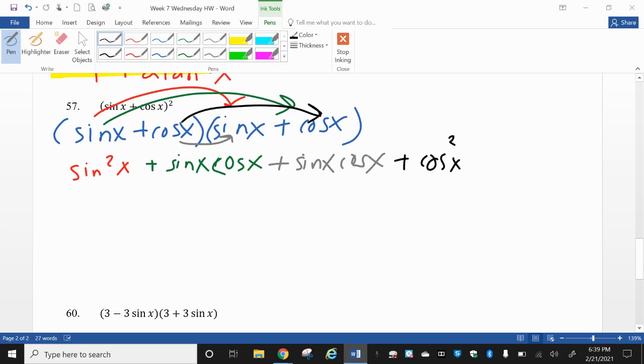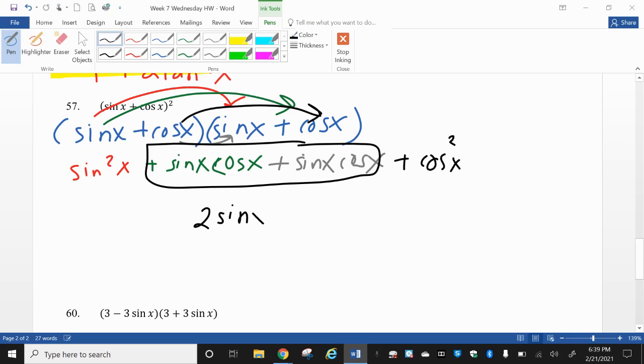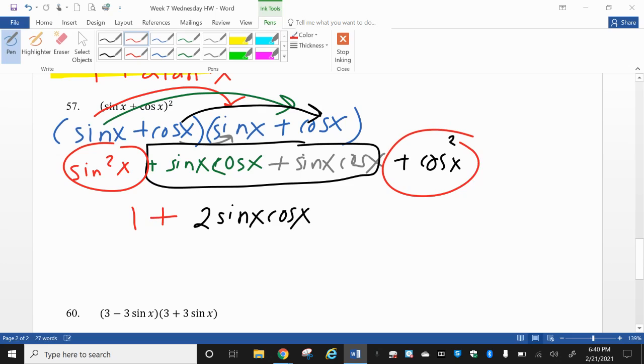Combining like terms, we have these two right here, which will give us 2 sine x cosine of x. And keep in mind, sine squared of x plus cosine squared of x is a Pythagorean identity that's equal to 1. So we can just bring that out front. And that'll be a final answer: 1 plus 2 sine of x times cosine of x.